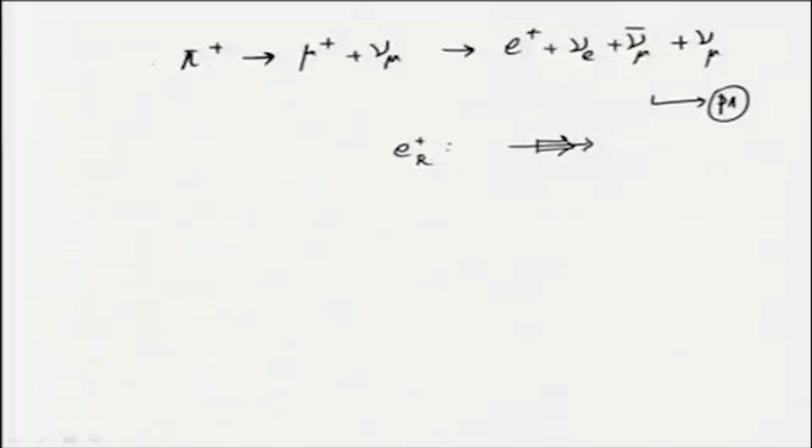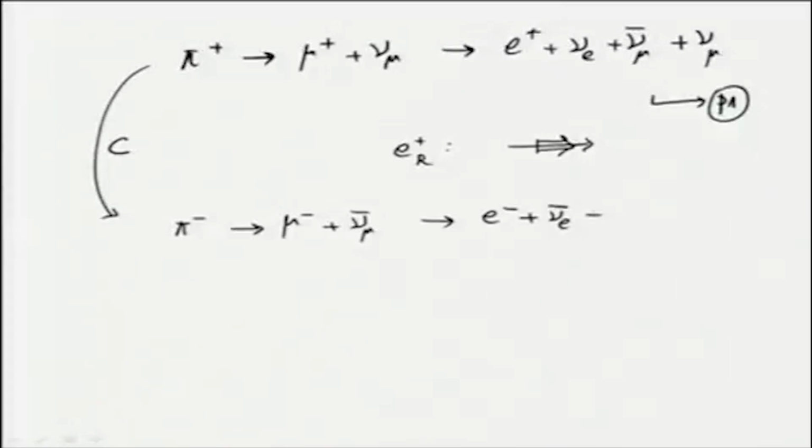Now, consider another process which is obtained by applying charge conjugation to process 1. So, pi plus goes to its antiparticle pi minus, we already discussed earlier that pi minus is an antiparticle of pi plus, mu minus, nu mu bar, goes to e minus, nu e bar plus nu mu plus nu mu bar.